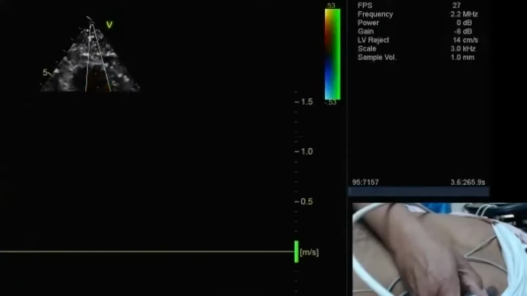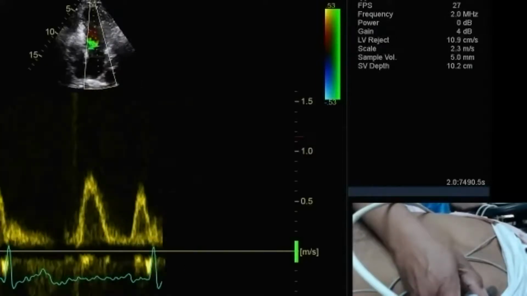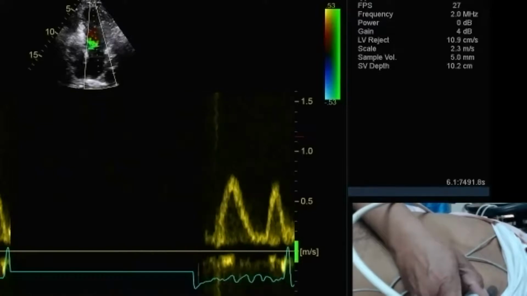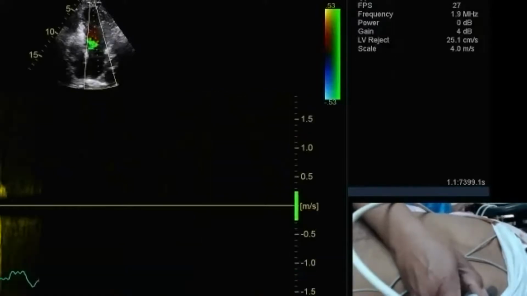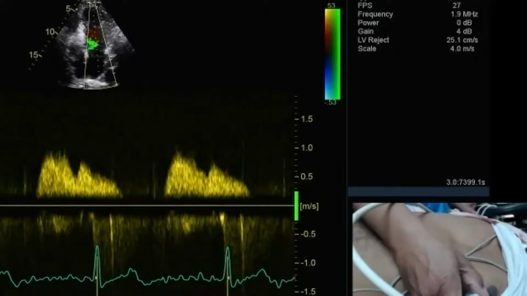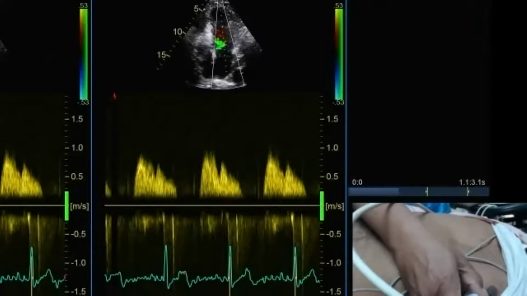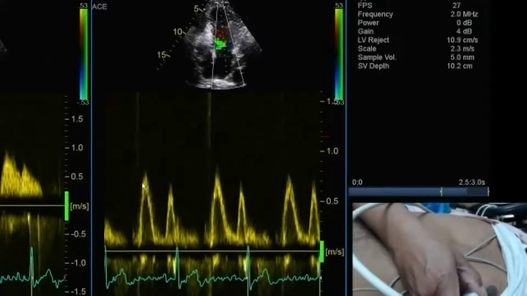So I'm going to show you both the patterns together. This is pulse wave. Now I'm going to go to the continuous wave Doppler spectrum pattern. Bring them back together. So I'm going to get my previous pulse wave and now see the difference between pulse wave and continuous wave.